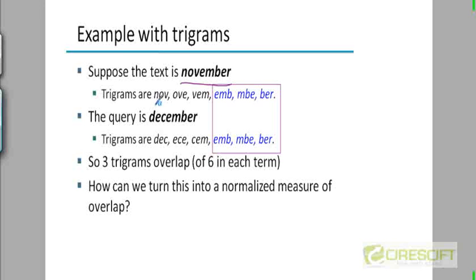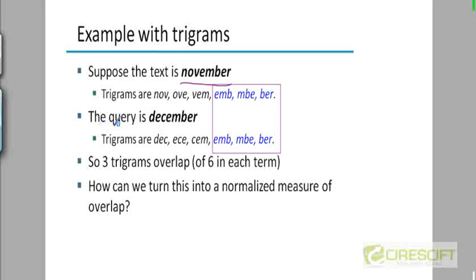So in the dictionary of the Kgram index, we will have this trigram called NOV, and the postings list for NOV will contain November. It will also contain any other term which contains that trigram. That was how we defined the Kgram index. Similarly, VEM will be present in the dictionary of the Kgram index, and it will contain all the terms that have this trigram in it, which includes November, but it could also include other terms.